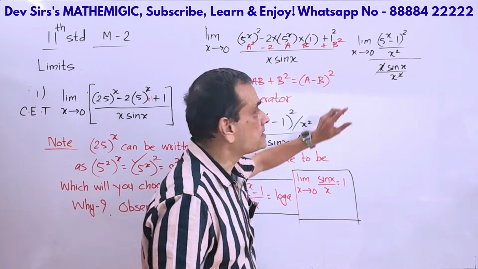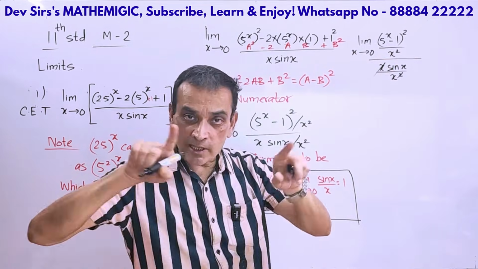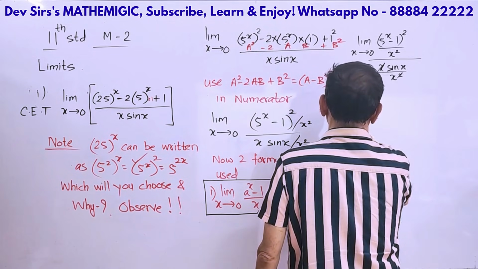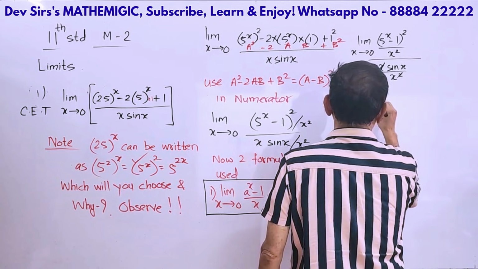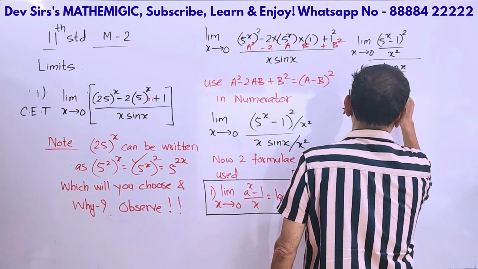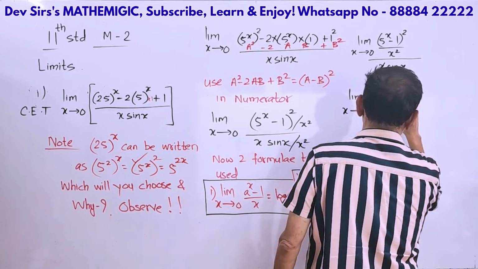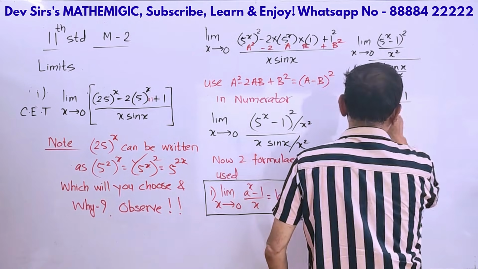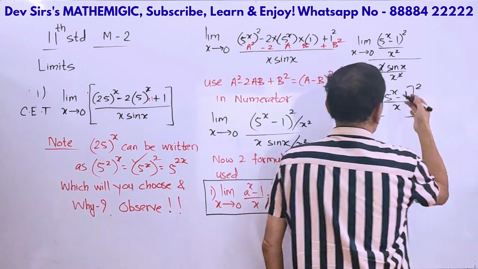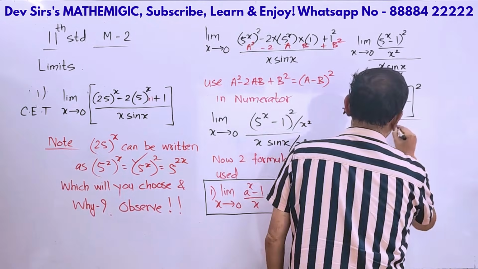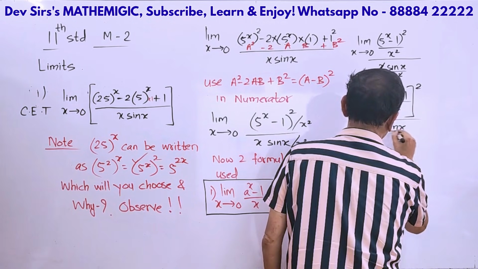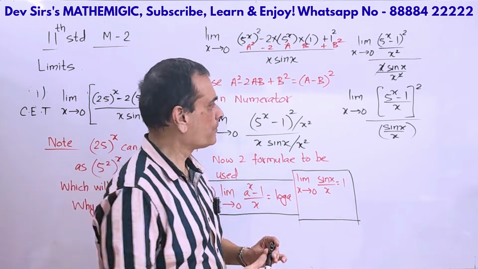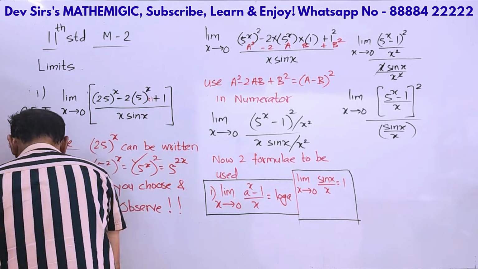Let us write square upon square as the total bracket squared, taken in one bracket with the square on top like this. Sin x upon x, I don't want to do anything because I already have the formula there. It is solved. Write the answer.